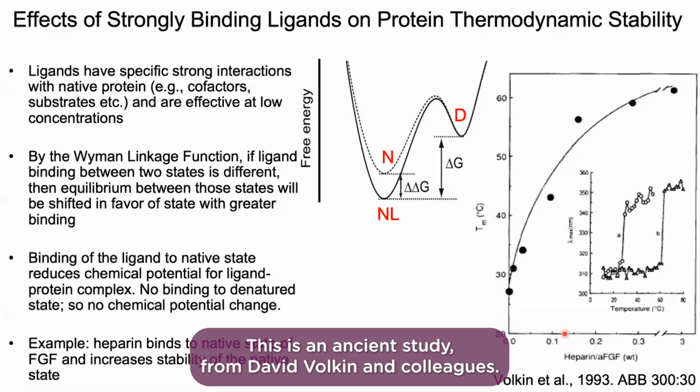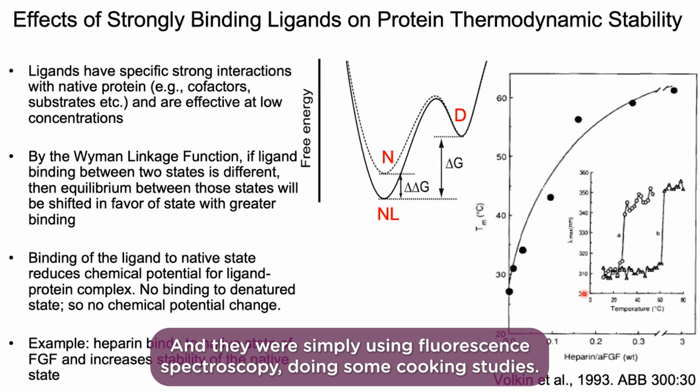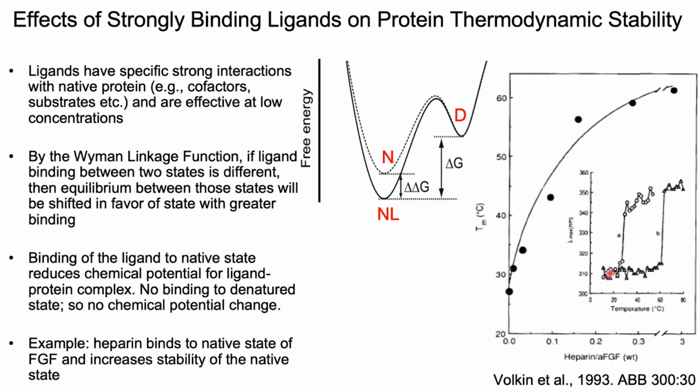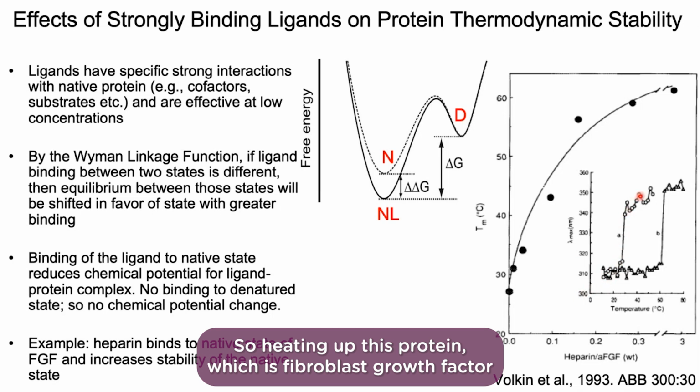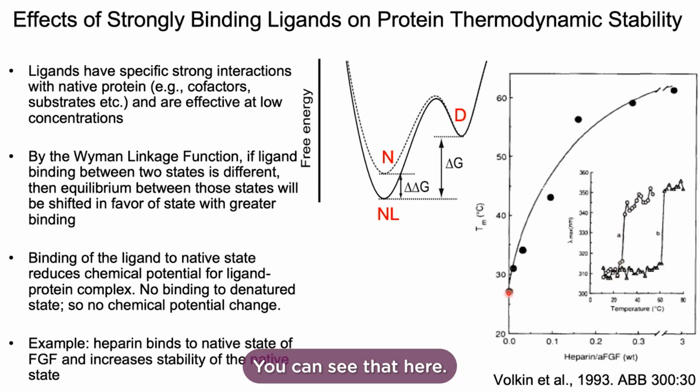This is an ancient study from David Volkin and colleagues. They were simply using fluorescence spectroscopy, doing some cooking studies. So heating up this protein, which is fibroblast growth factor, without any stabilizer, very low transition temperature. You can see that here.